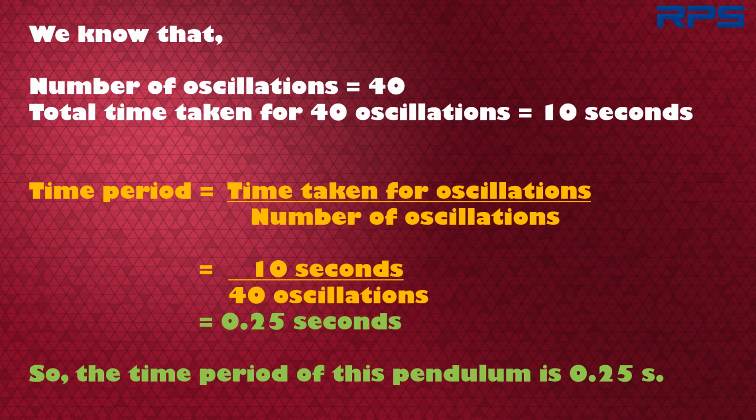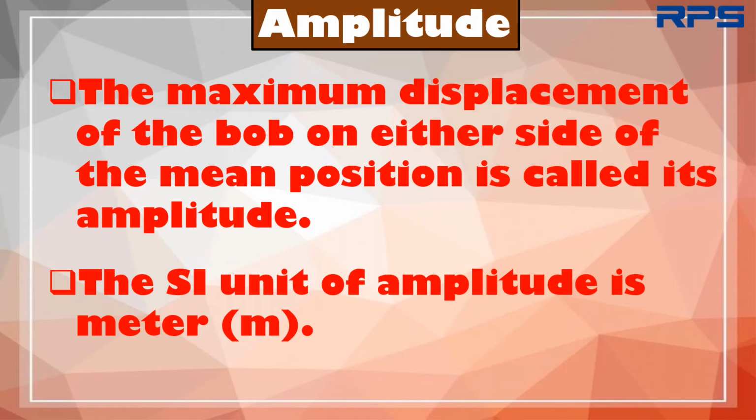So by putting the given values in the formula for time period, you will find that the time period of this pendulum is 0.25 seconds. The maximum displacement of the bob on either side of the mean position is called its amplitude. The SI unit of amplitude is meter.